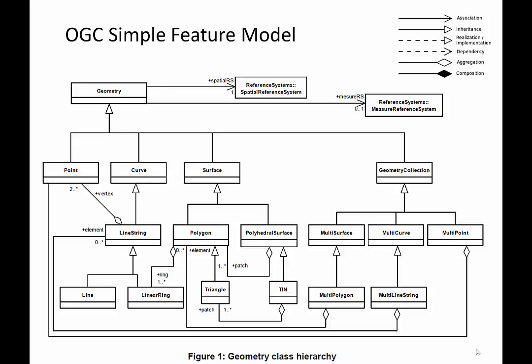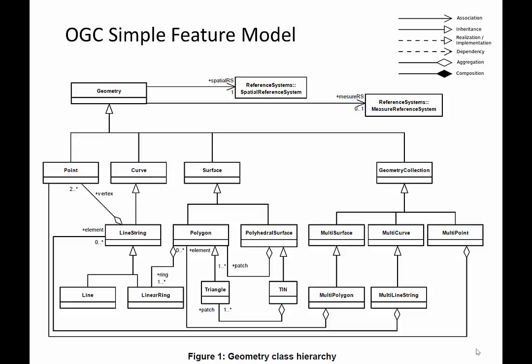Now, here is the OGC simple feature model. Remember, the simple feature model is defined by the OGC, the Open Geospatial Consortium, whatever it is, and it is the standard defined for storing spatial data.